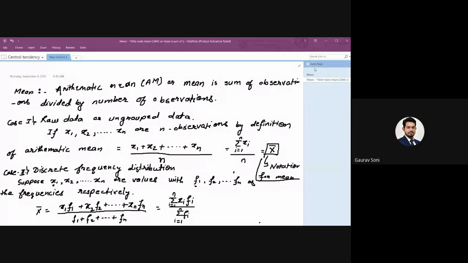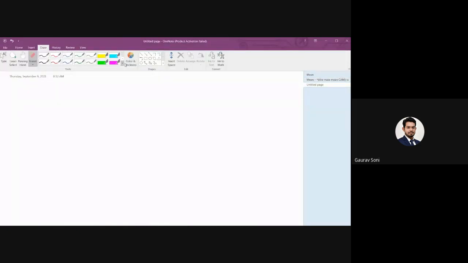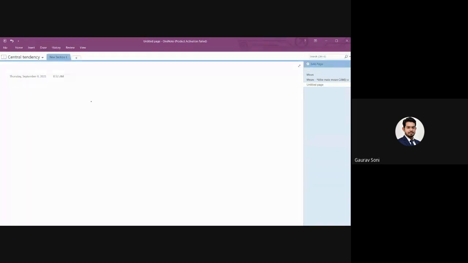Fine. The third type of frequency distribution is the continuous one. What do we mean by the continuous frequency distribution?